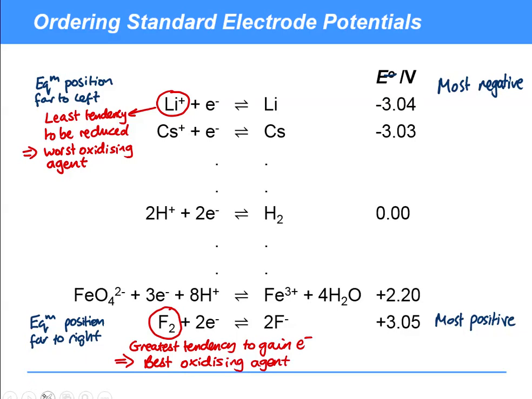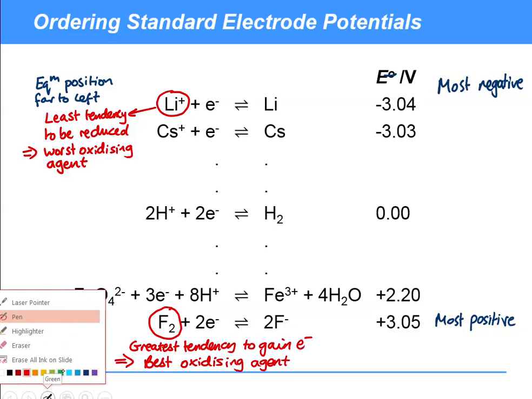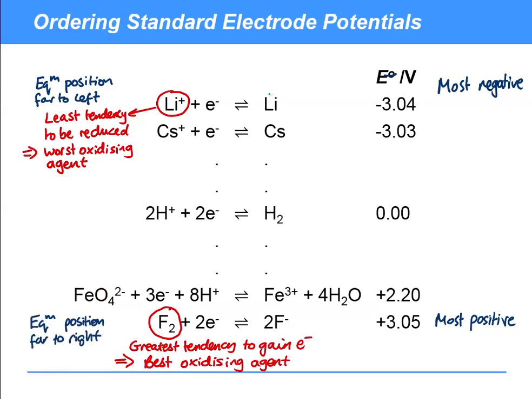Now let's think about the species on the other side here. So lithium here, the equilibrium is right over to the left. So lithium has the greatest tendency to lose electrons. So it is the best reducing agent.